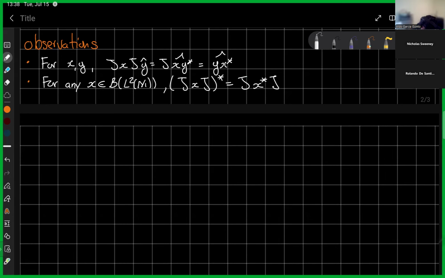And then the next thing to note, you might be asking why this element is so important. The reason is because JMJ is inside the commutant, inside the standard form.